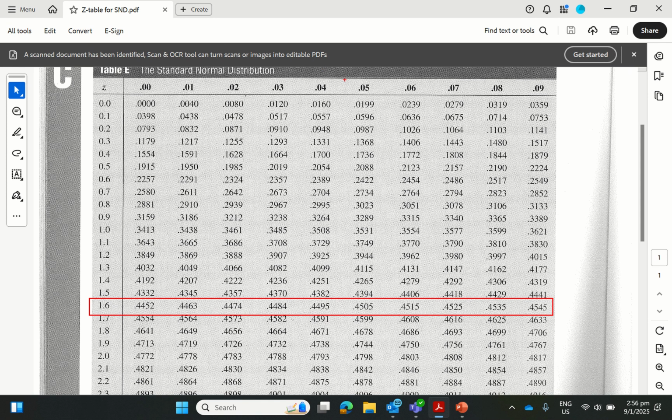So you go to 5 here, and therefore the area is 0.4505 or 45.05%. That's all. This is easier than finding the Z from so many numbers here. But if you're given a Z, it's easier. You just go down there, then you get the value.